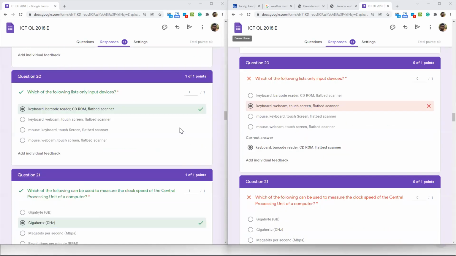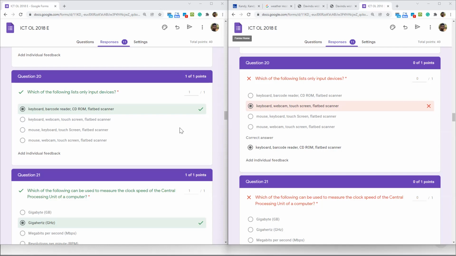Next we have question 20. Which of the following is only input devices? What are the inputs? If you look at keyboard, barcode reader, CD-ROM, so input devices only.